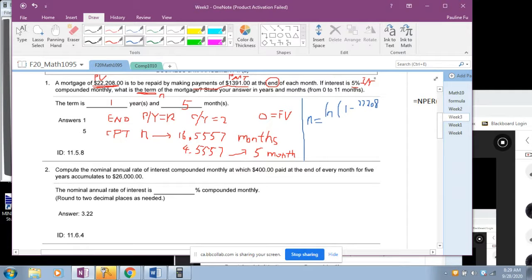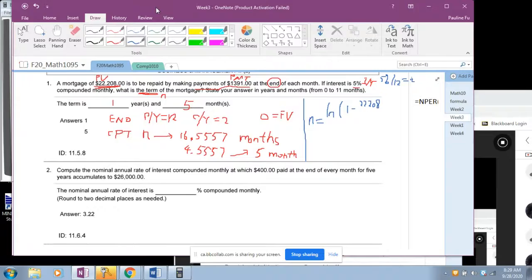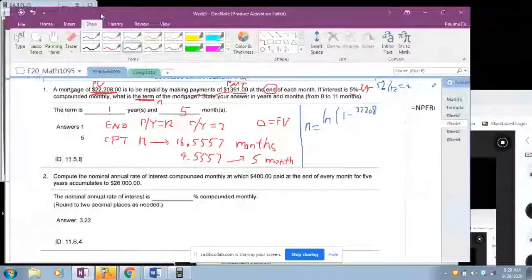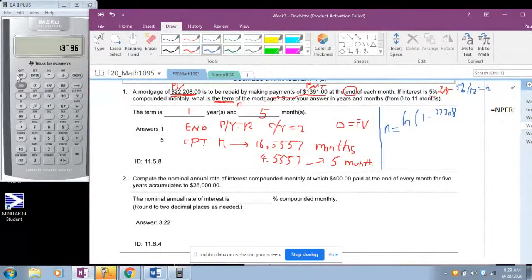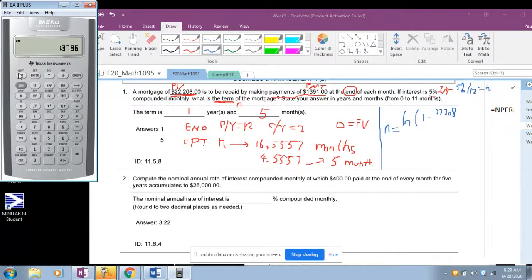Maybe I will do a side calculation here. What is 5% divided by 12? That is I. I'm going to use the calculator again. Oops, I'm going to clear up. Second, quit.